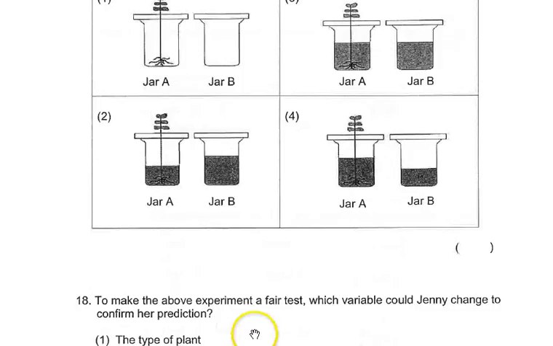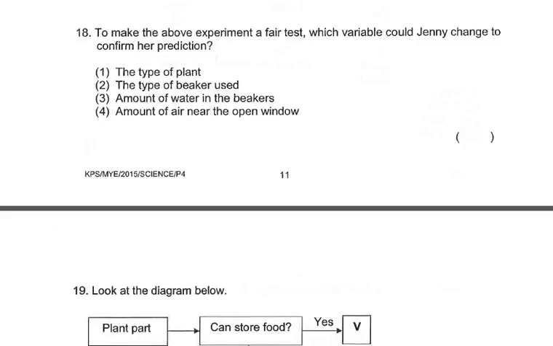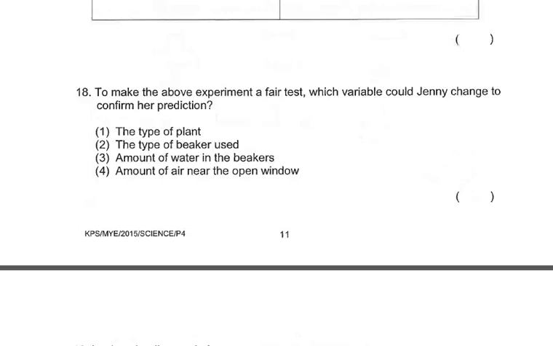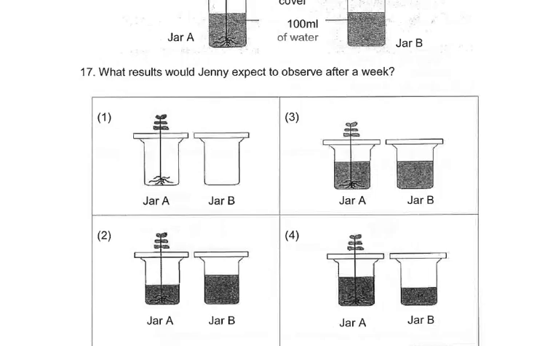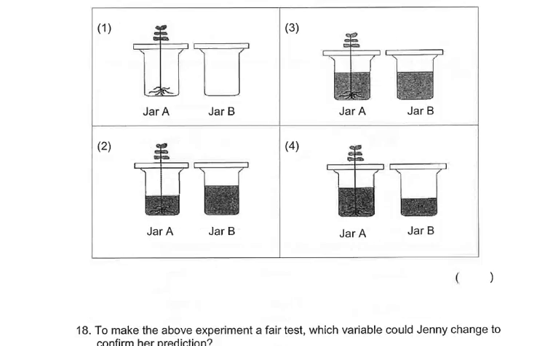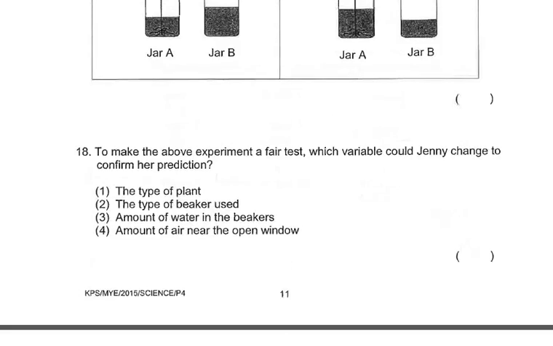Let's carry on. Number 18, to make the above experiment, referring to the above experiment, these 2 jars over here, a fair test. Which variable could Jenny change to confirm her prediction?